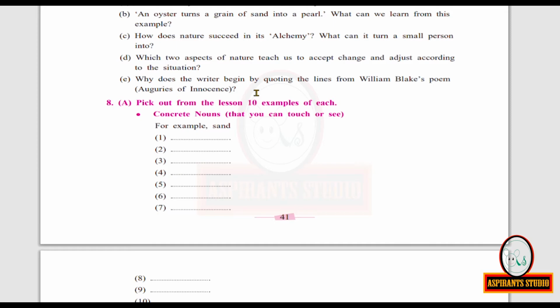The same idea of the lesson is reflected in the poetic lines by William Blake.